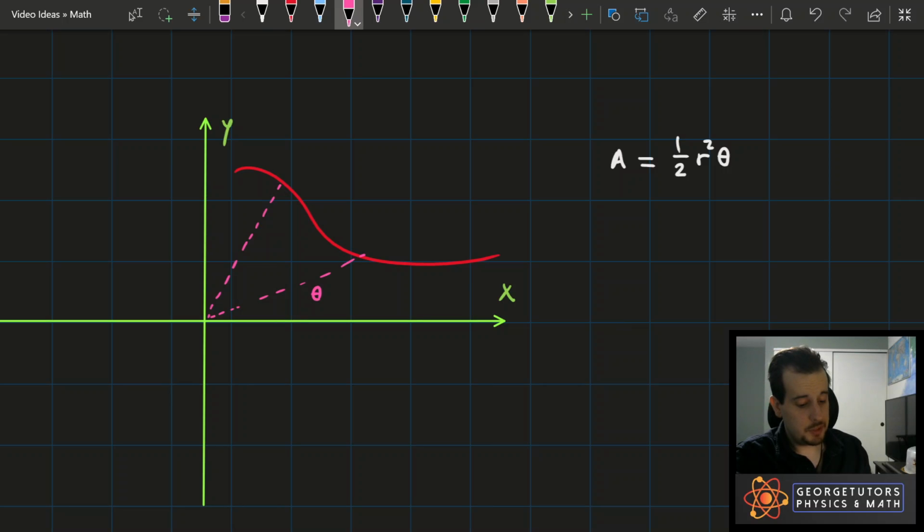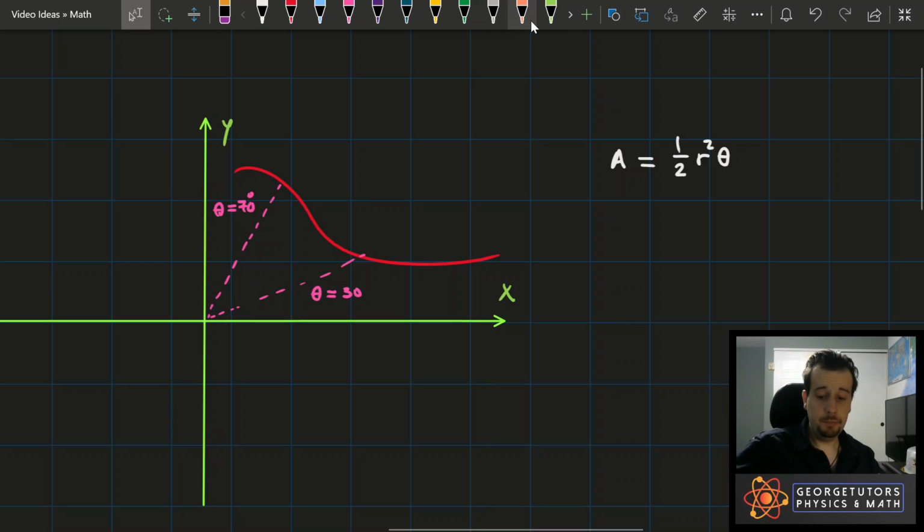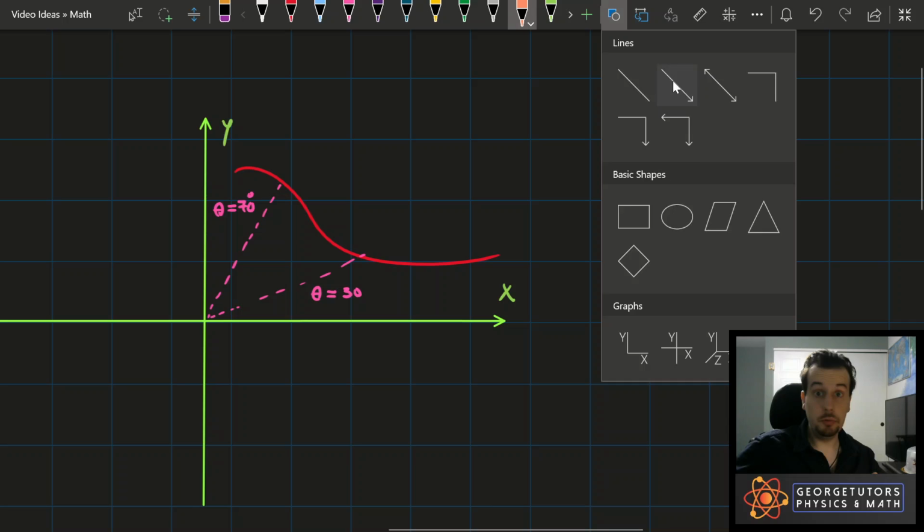For example, eyeballing this, theta equals 25, maybe 30 degrees, and the one up here would be 60 degrees, maybe 70 actually. We give ourselves bounds in terms of theta because essentially we're going to be rotating in the xy plane as we do the integration.